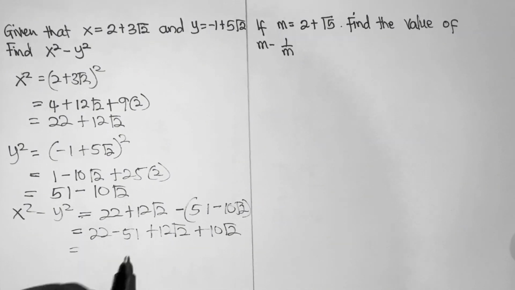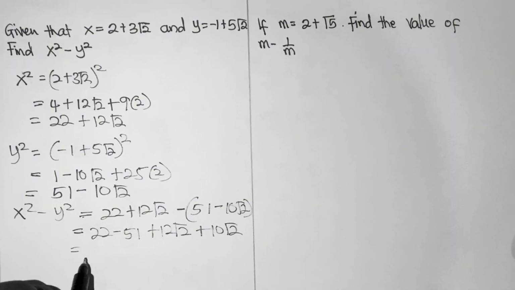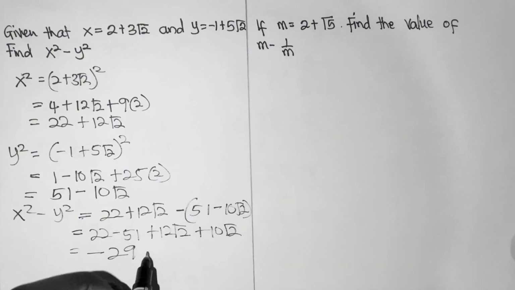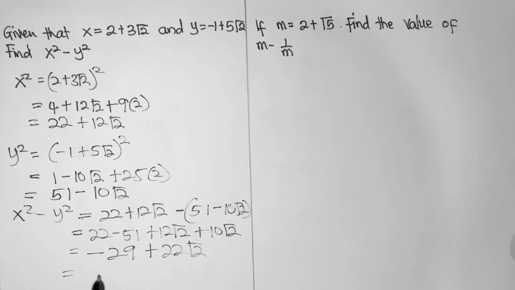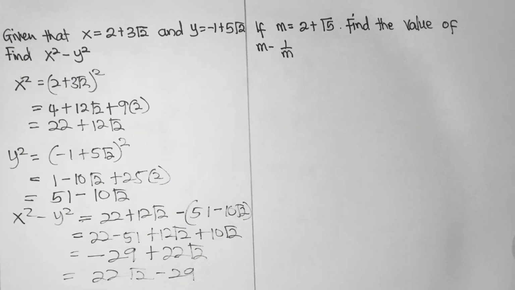So 22 minus 51 is equal to minus 29. Then 12 root 2 plus 10 root 2 is 22 root 2. At the end of the day, the answer is 22 root 2 minus 29.